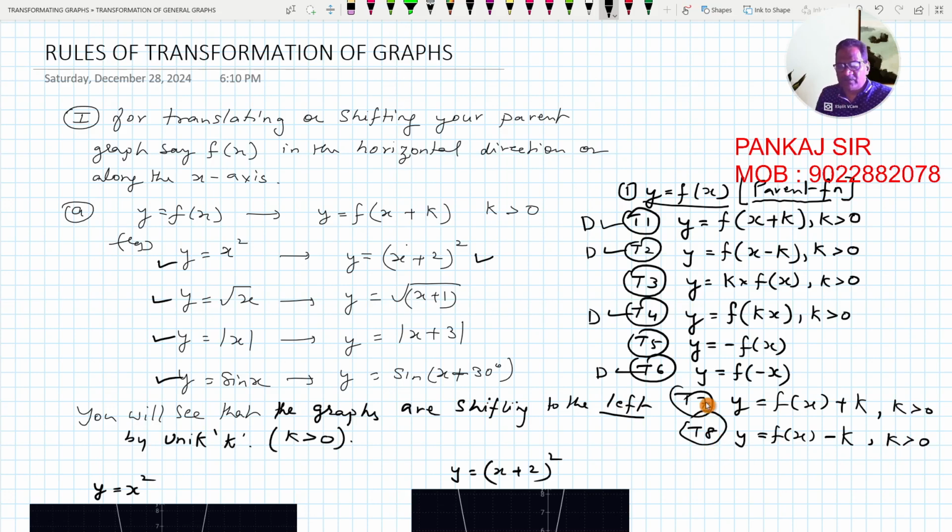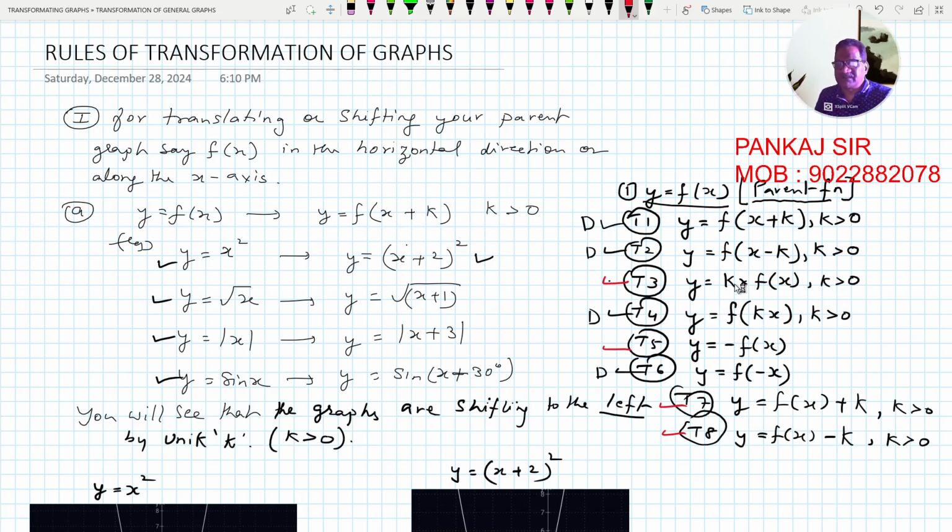So transformations number 1, 2, 4, and 6 pertain to the domain, so the changes will be happening in the domain. And now this T3, and I'll mark with a different ink, T3, then T5, T7 and T8: these are the transformations which are happening from outside the function.